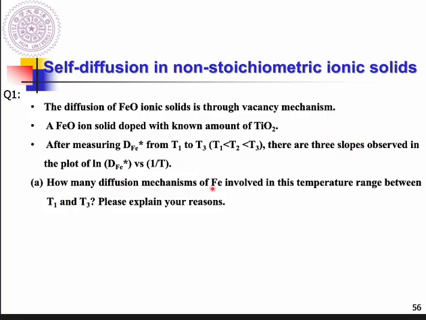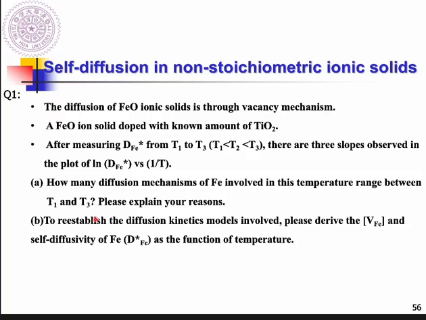So how many diffusion mechanisms of iron are involved in this temperature range? Three, because they have three activation energy barriers.